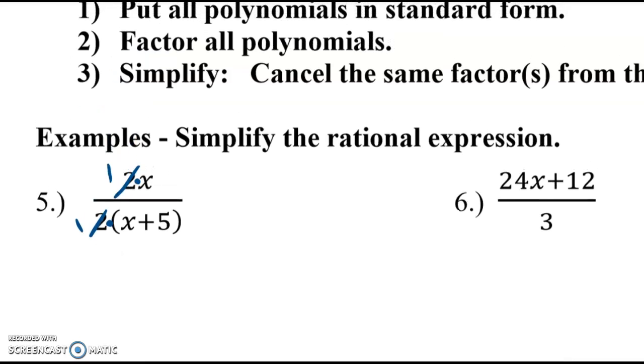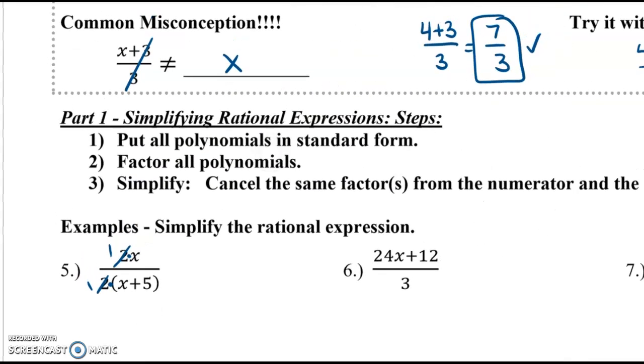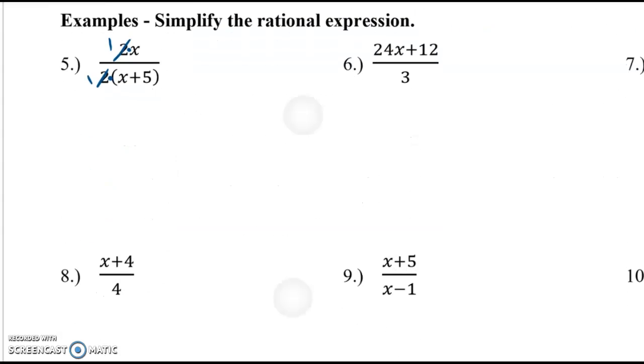Whereas in this example up here, I had addition going on between the x and the 3, so that's why we couldn't cancel those. So if I cancel those out, it gives me a 1x over a 1x plus 5, but we don't need those 1's there, so I'm going to erase those 1's. I'm just going to write it as x over x plus 5, and like we talked before, you can't cancel the x's. Because you've got x plus 5, it's addition, it's together, it's a group.